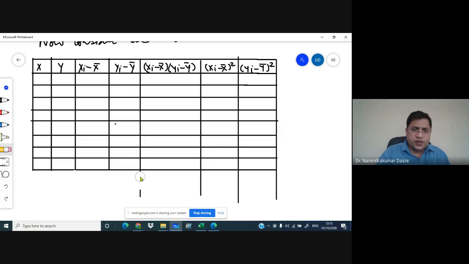We are mostly interested in the last three columns, but without the first three columns, we are not able to get the values.